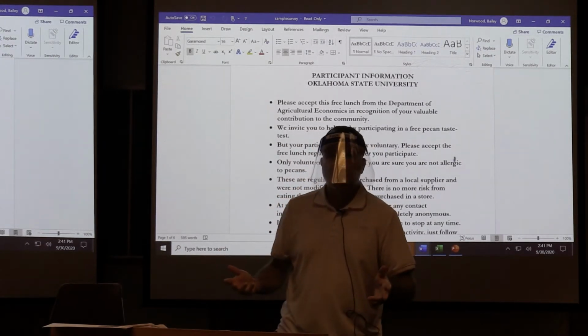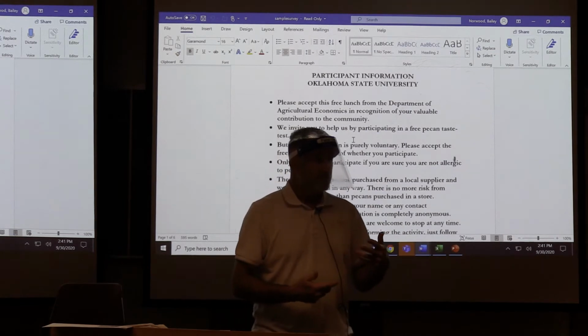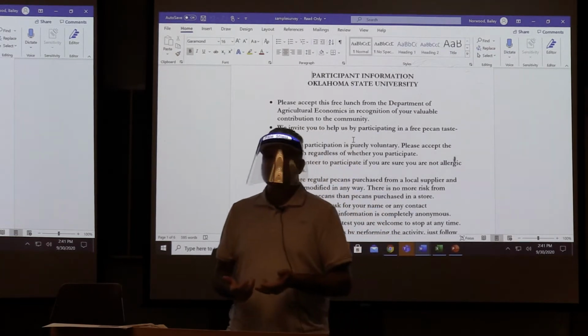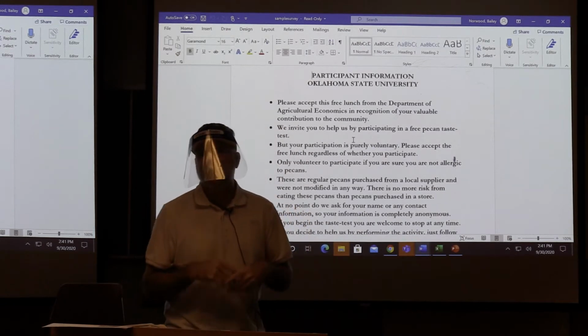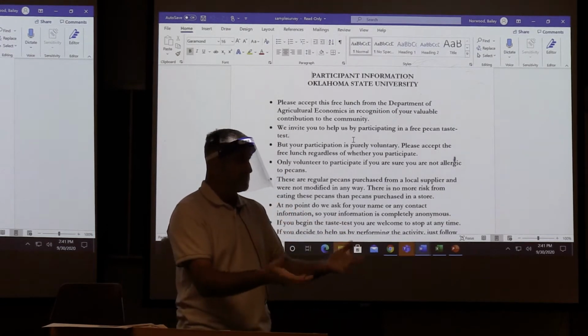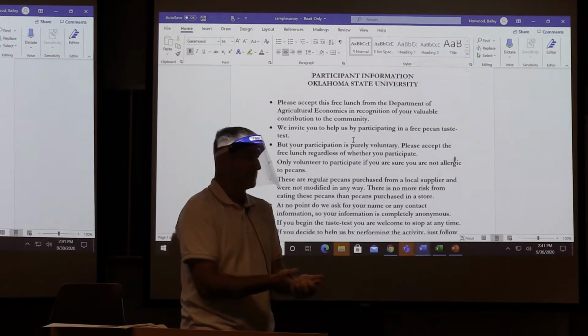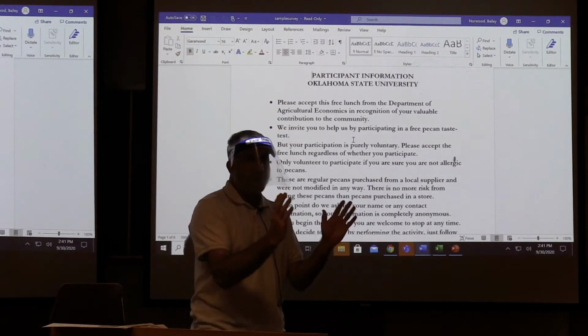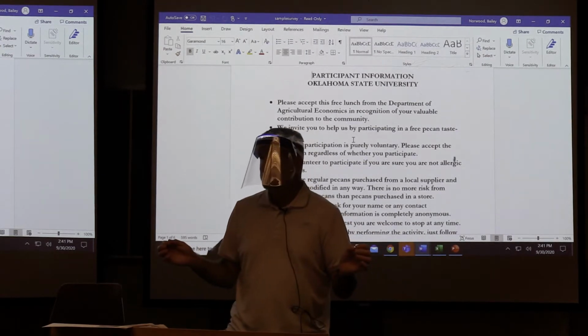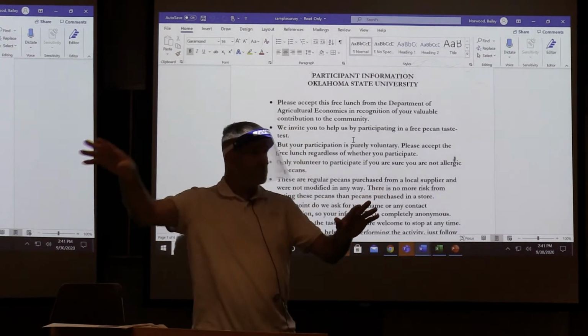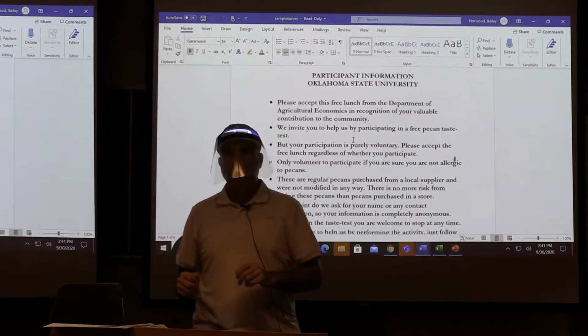But one drawback of it, if you ask people, especially a lot of Oklahomans know pecans, and if you ask people what kind of pecans they like, they tend to say they like natives. When we say natives, that means just a pecan grown from seed, no cloning at all. And so every native pecan tree has its own unique genetics, just like every one of you has your own unique genetics.